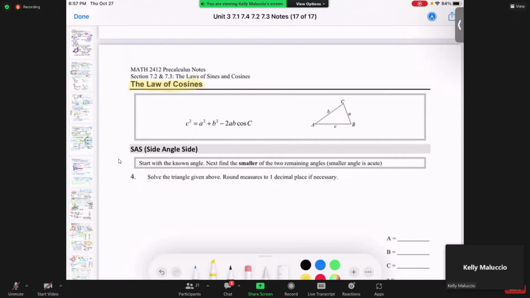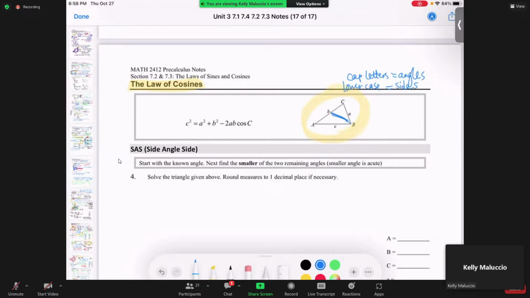And it's this equation where, if you have a triangle like this, the lowercase letters are the sides and the capital letters are the angles. This is just a reminder. Notice they have to be across from each other, right?